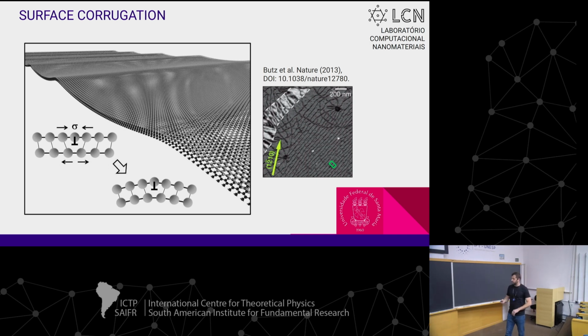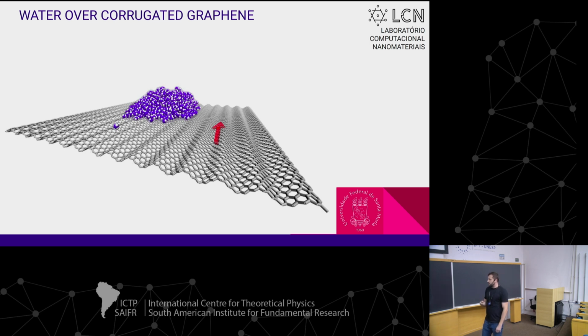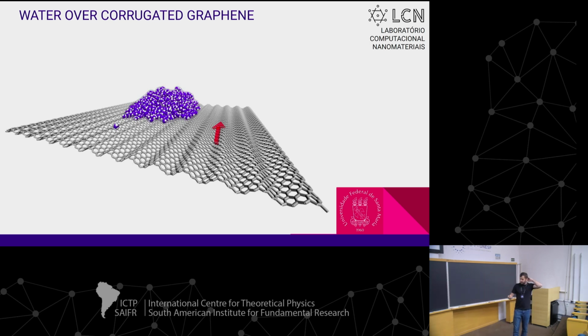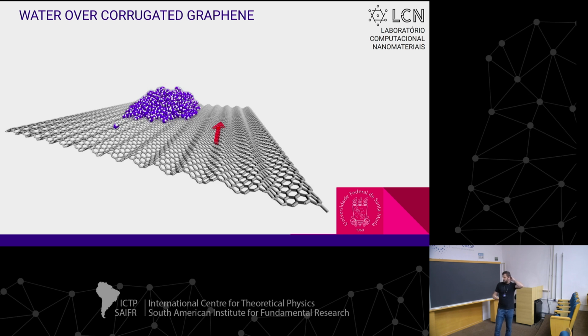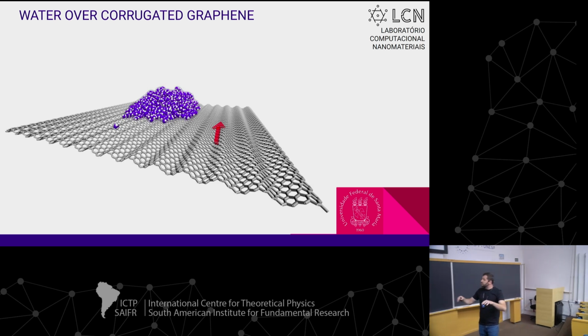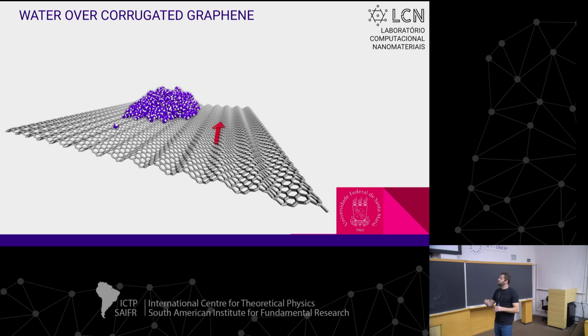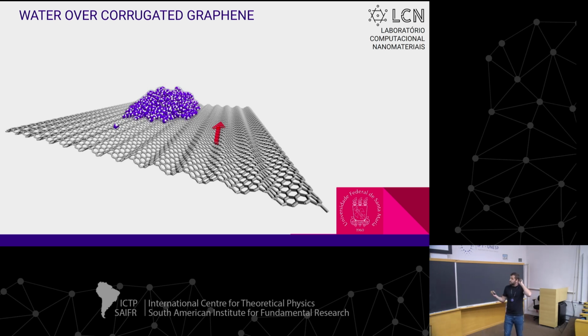So it made us interested in this kind of behavior of graphene, and we were wondering how this distribution of carbon atoms would impact water flowing through the graphene, and this is more realistic. It seems more realistic to us to see water interact with undulated graphene and rough graphene.